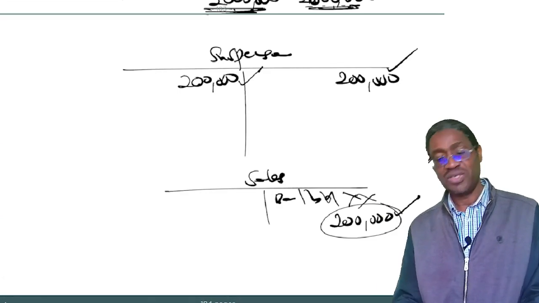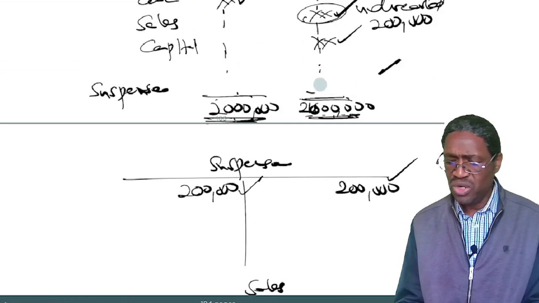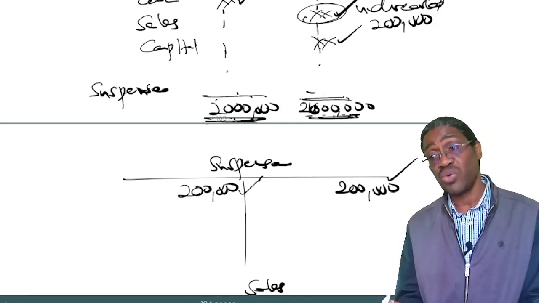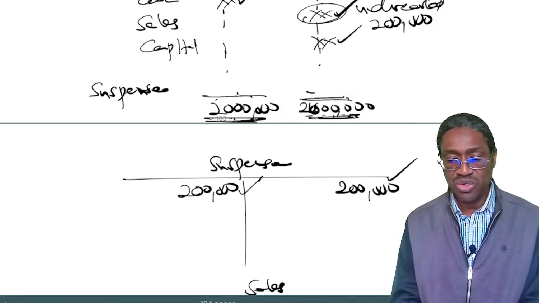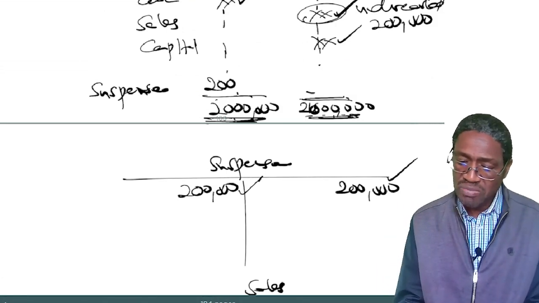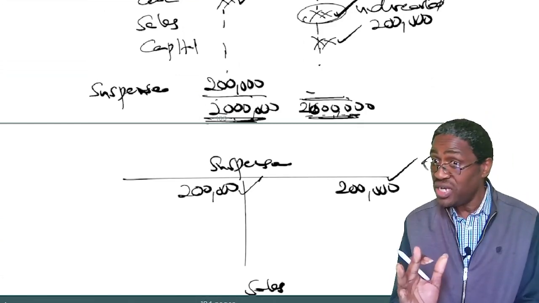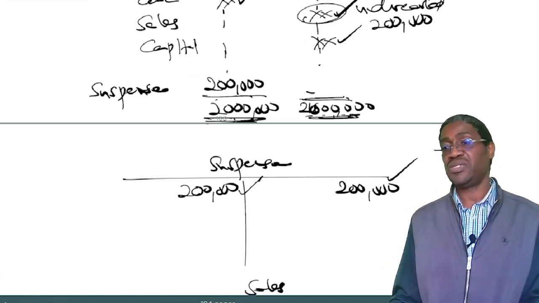Okay? Good. Let me assume that last time when you are trying to balance the trial balance, you realize now the debit was the one which was less. The debit column was the one which was less. What did you do? You suspended the amount by putting it in the suspense account. Meaning now, your suspense account is said to have a debit balance.